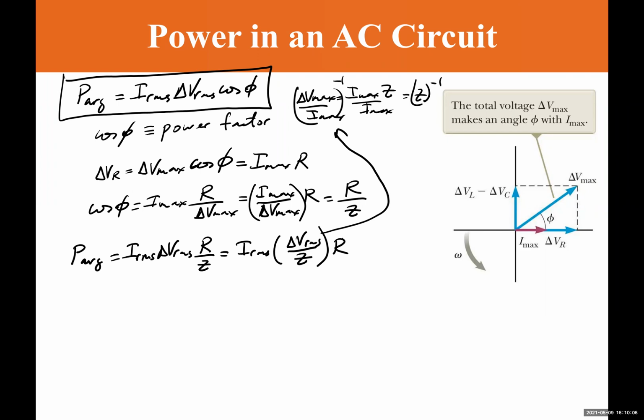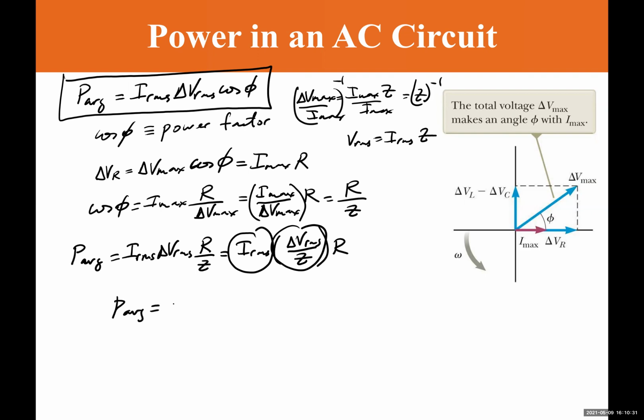V max over I max, or VRMS over IRMS, is the impedance, right? So that can give us basically the RMS current. That means always, VRMS is equal to IRMS times the impedance. So if I divide both sides by impedance, then I get IRMS, which means I already have one IRMS here, and another one is coming from here.